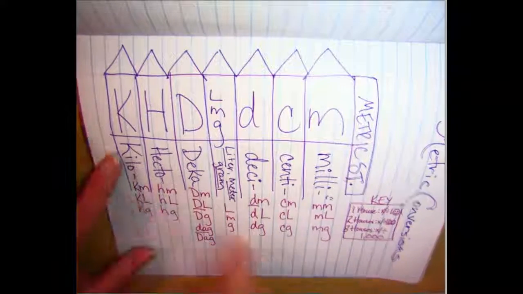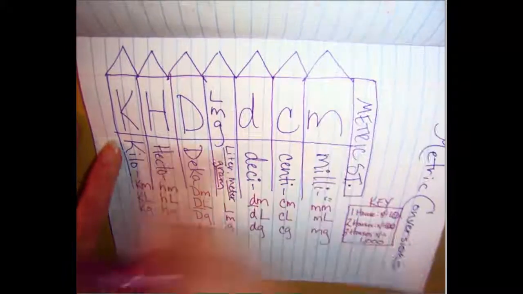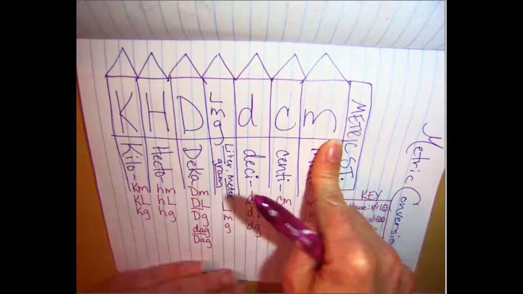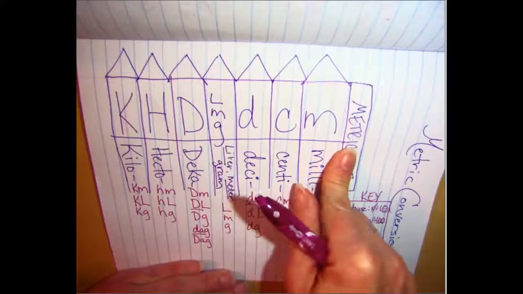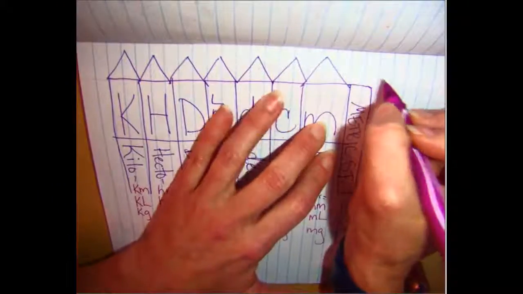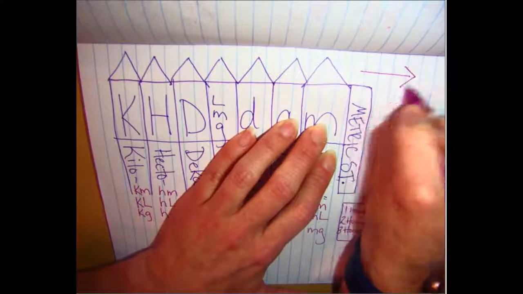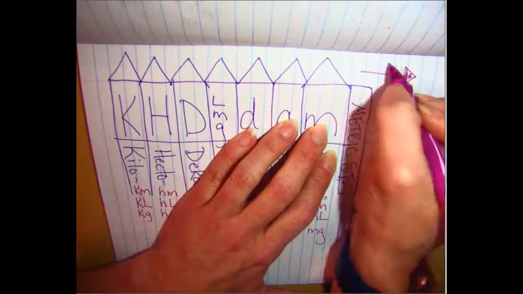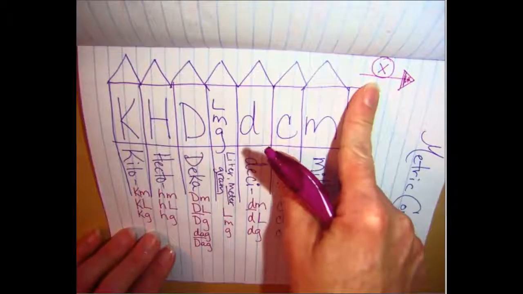If we're going from kilo to milli, we're going to the right. Are we going small to big or big to small? So we're going to multiply all. If we're moving to the right down the street, we multiply. Okay? Big to small, we multiply.